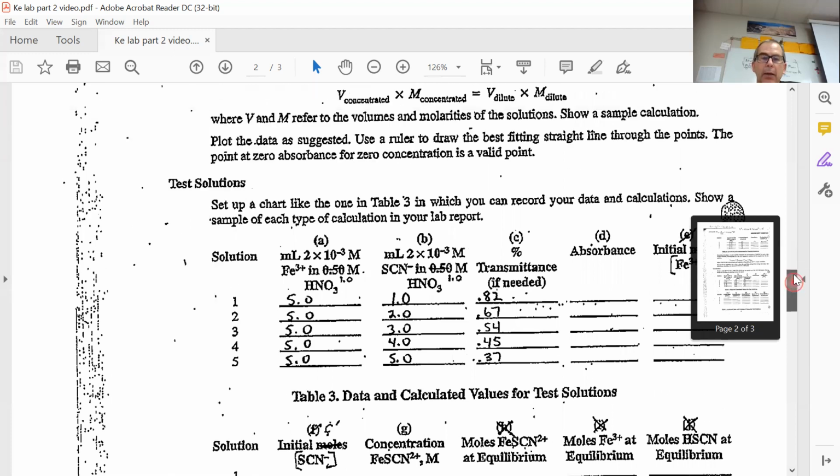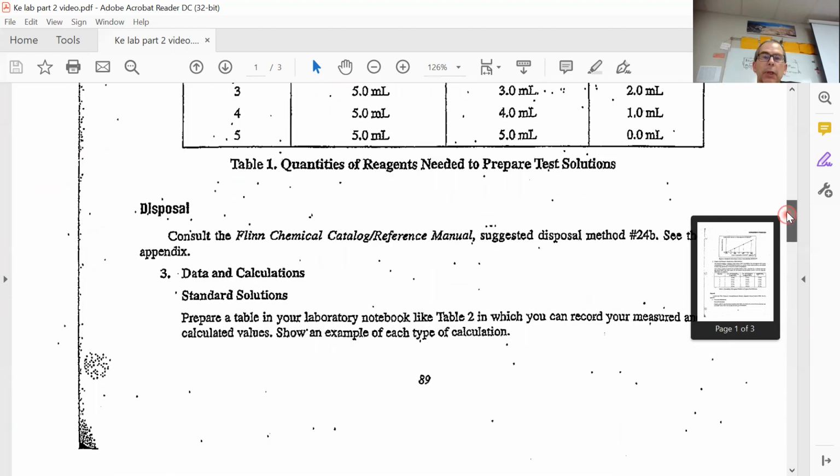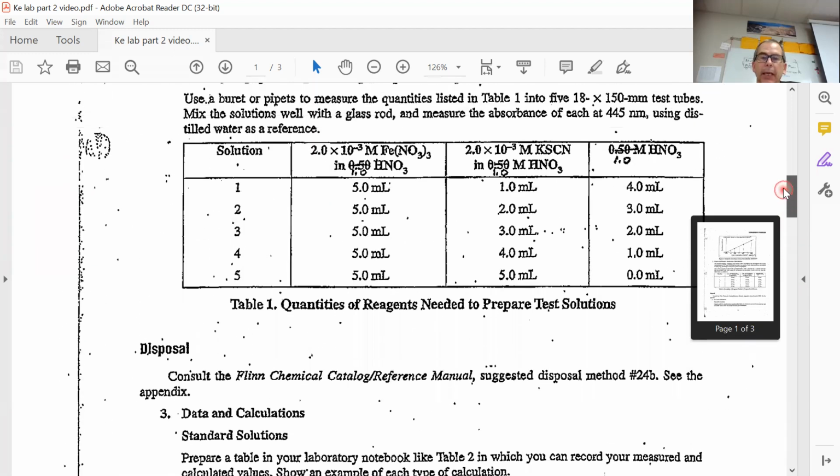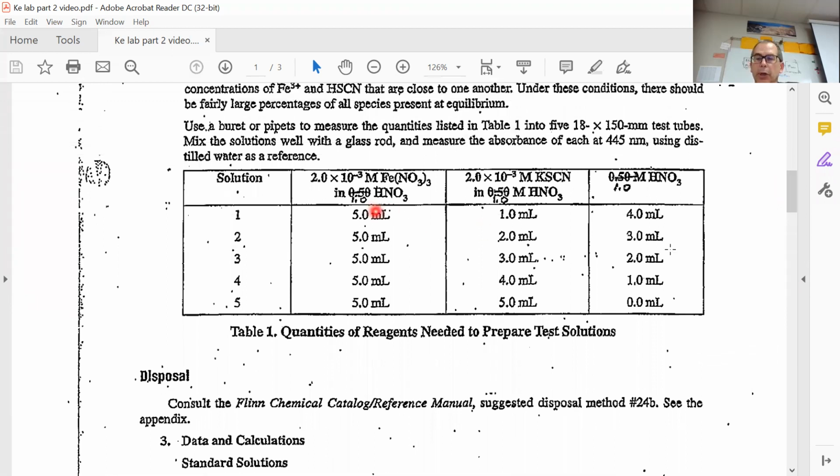So going back to the data table for part 2 on page 89, notice there was always 10 milliliters in this container: 5 plus 1 plus 4, 5 plus 2 plus 3, and so on. So I would say 5 out of 10 milliliters were this. So I go through the dilution factor of 5 over 10 for the iron.